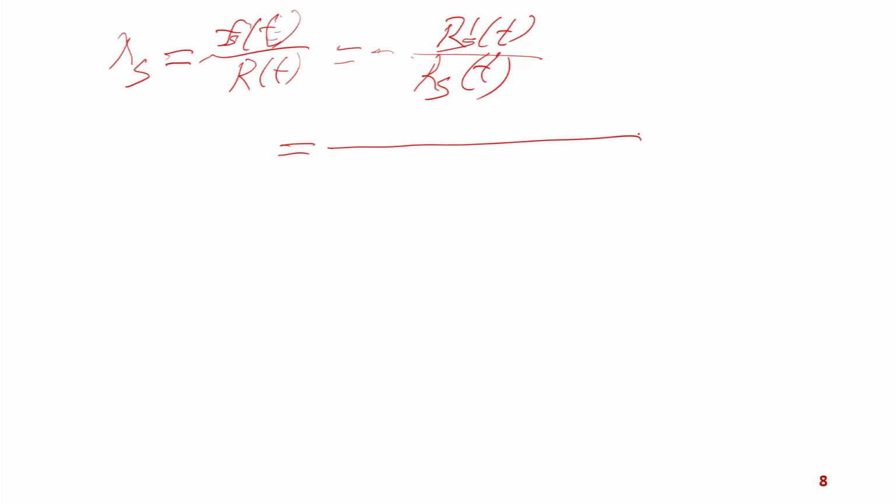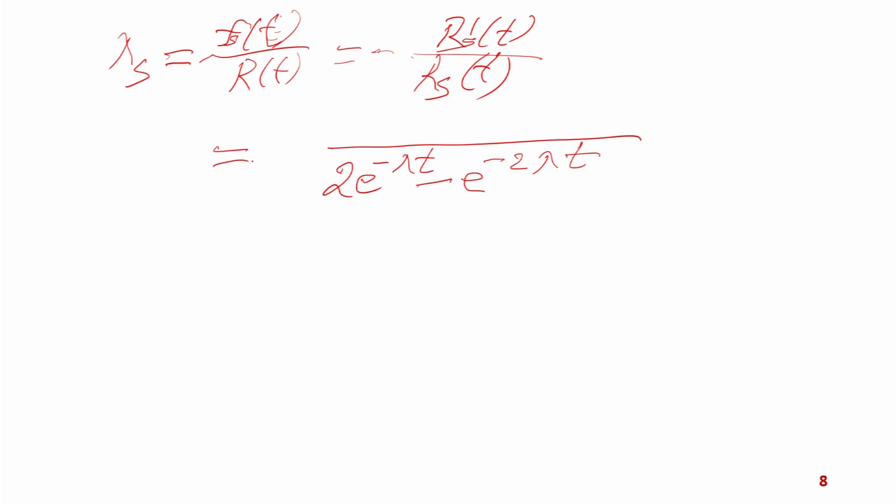and then I can substitute those expressions. First I will write the denominator. The expression was 2 e to the power minus lambda t, minus e to the power minus 2 lambda t. Now I derive this and put it into the numerator, with a minus sign in front of it.